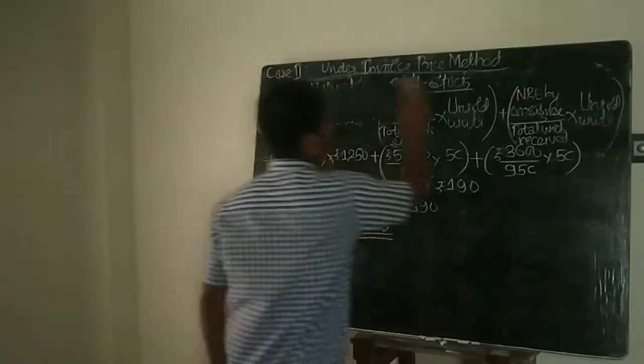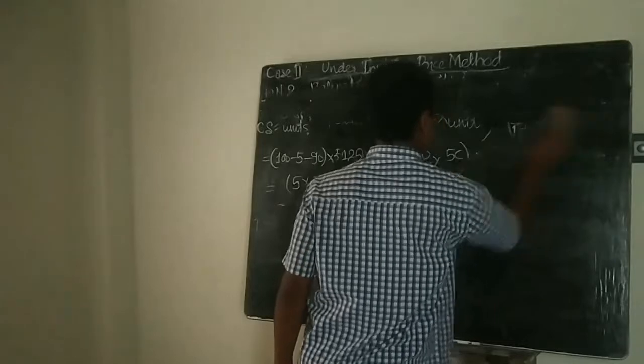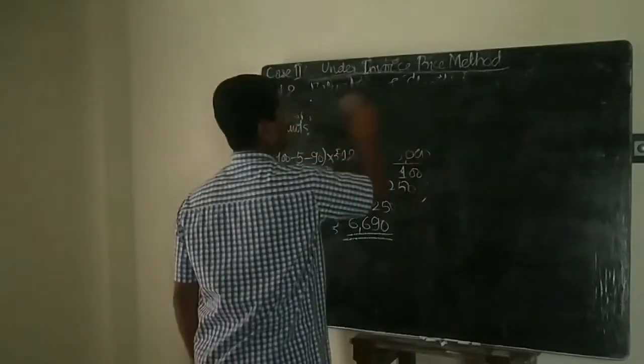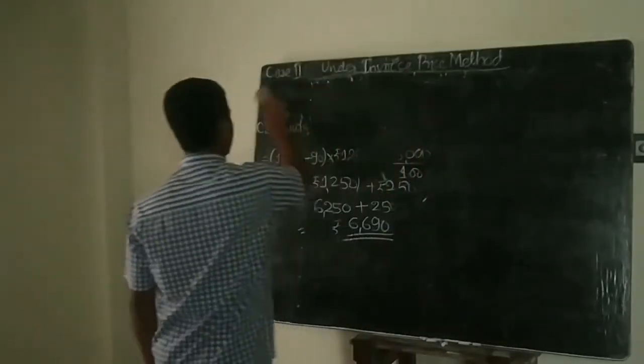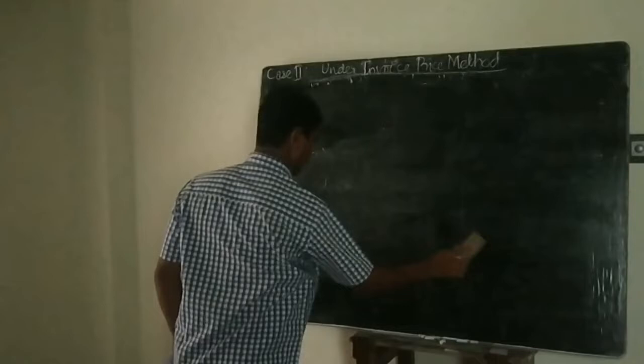So now let us prepare. Let's come to the last one, that is the consignment account under invoice price method. We should calculate here.